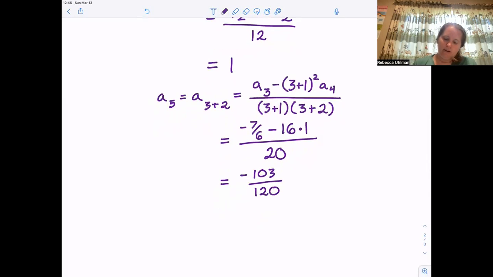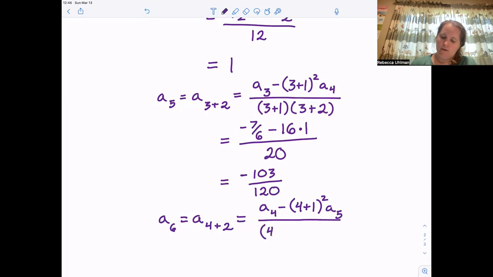And then finally, our a sub 6, this is a sub 4 plus 2, so we're looking at n equals 4 here. We have a sub 4 minus (4 plus 1) squared times a sub 5 all over (4 plus 1) times (4 plus 2).